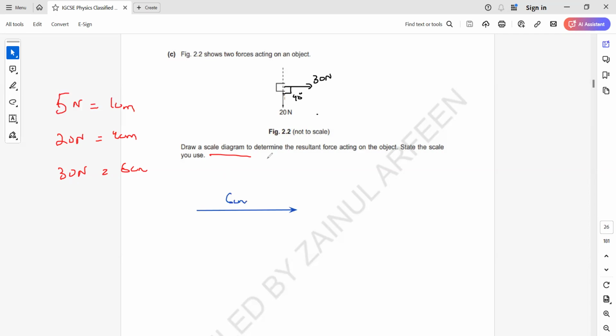Then from the first vector, draw the second vector, which is 20 Newton downward or equals 4 centimeter. Now what about the resultant? Resultant is always from tail of the first to the head of the last. When we join, this will be the resultant. You will measure the length of this resultant and you will get the answer. That is one way.